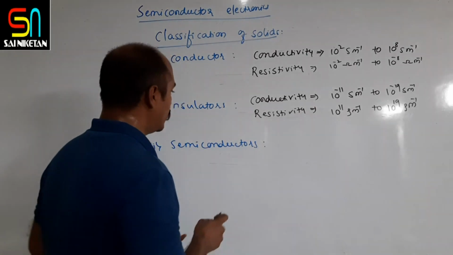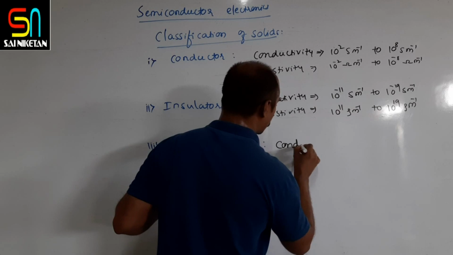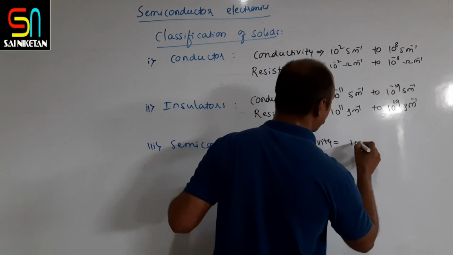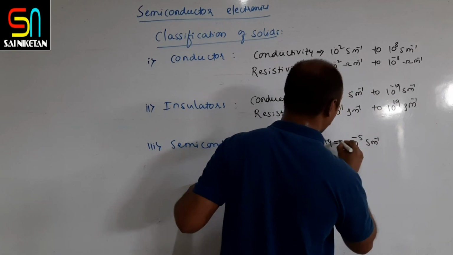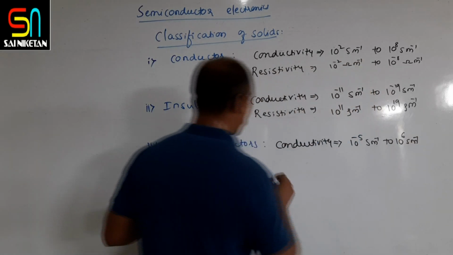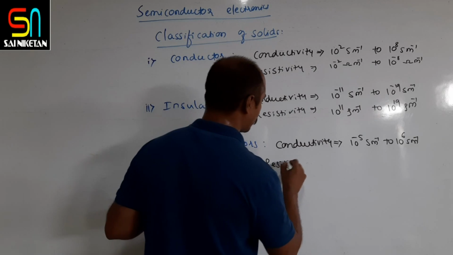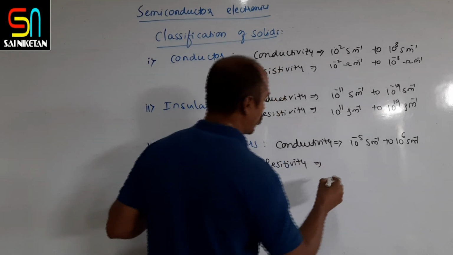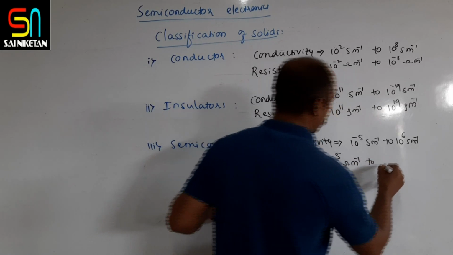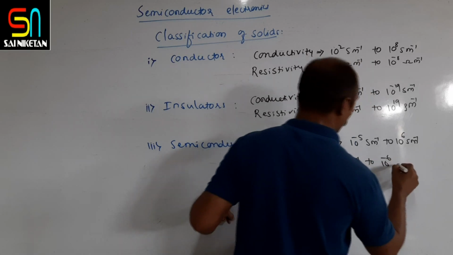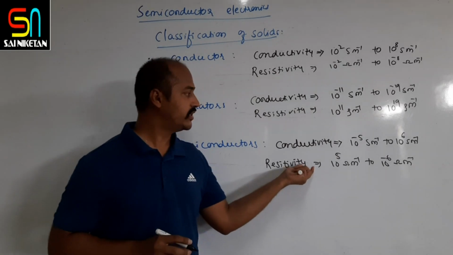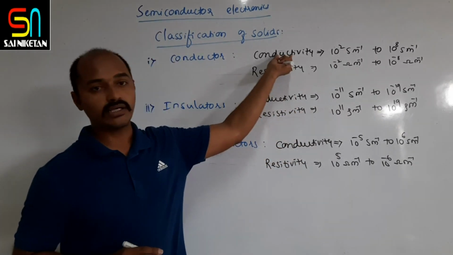For example, its conductivity is 10 raised to minus 5 Siemens per meter to 10 raised to 6 Siemens per meter, and similarly its resistivity varies from 10 raised to 5 ohm meter to 10 raised to minus 6 ohm meter. So you can see here resistivity or conductivity lies between conductors and insulators.